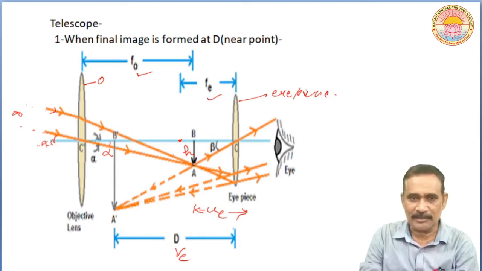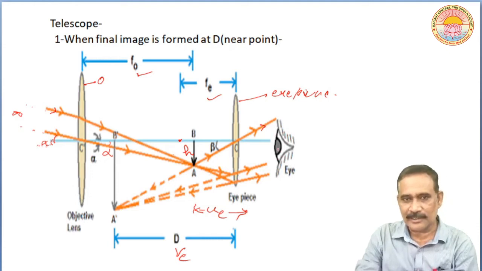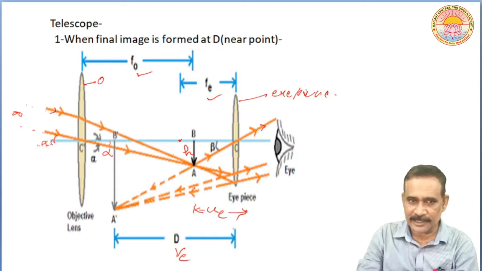So from this object, one light ray passes through the optical center, and a second light ray passes through this. Behind this lens, these light rays do not meet at a point. When these light rays are extended in the backward direction, you see the ray diagram, now they meet at this point.